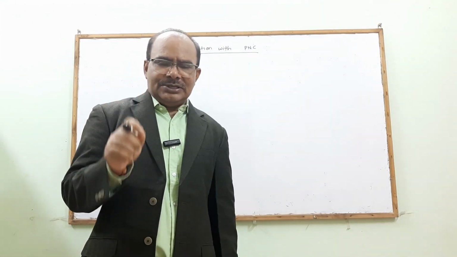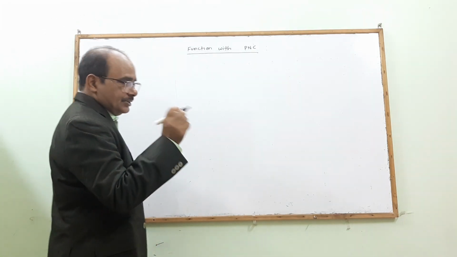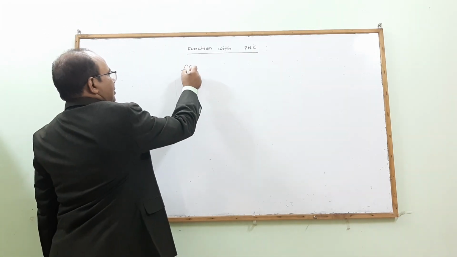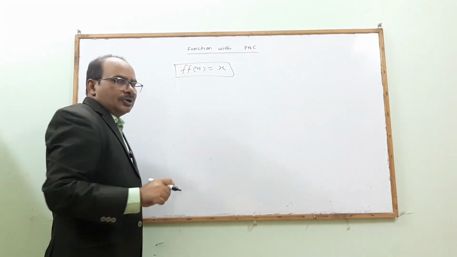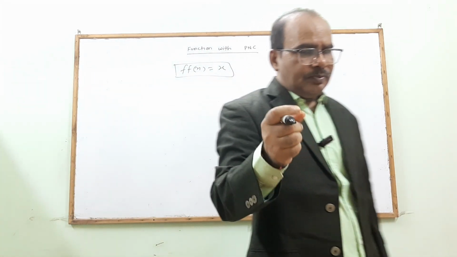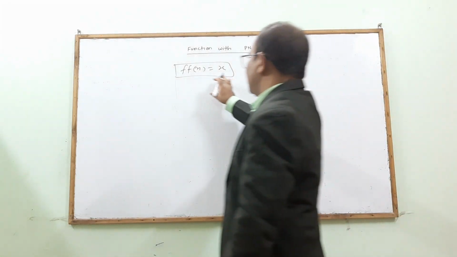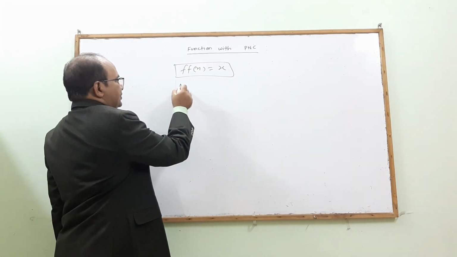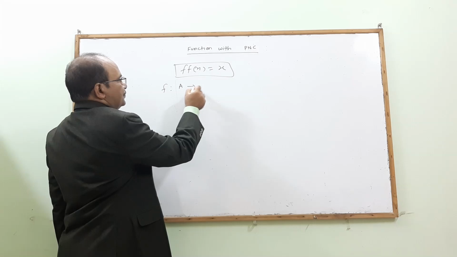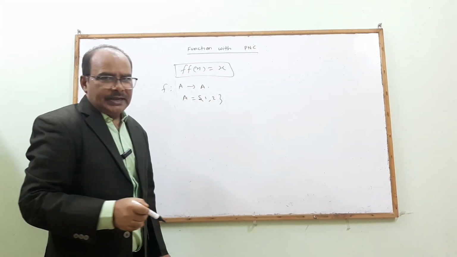We are discussing very important concepts. Let us see f of x is equal to x. Such type of functions, we have to find the number of such functions. Just see a simple example that f is from A to A and A is equal to 1 to like this.